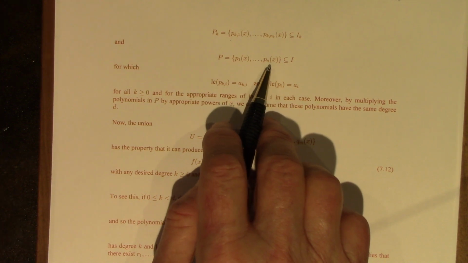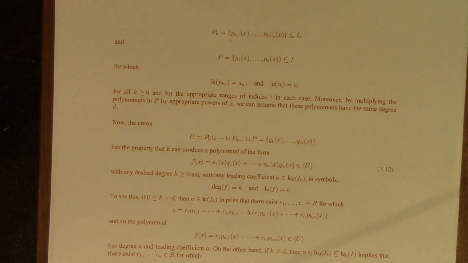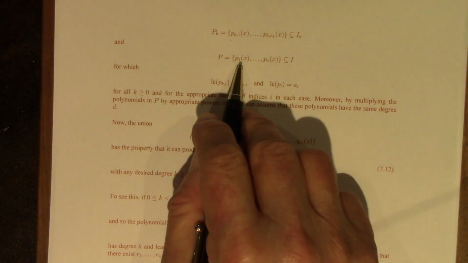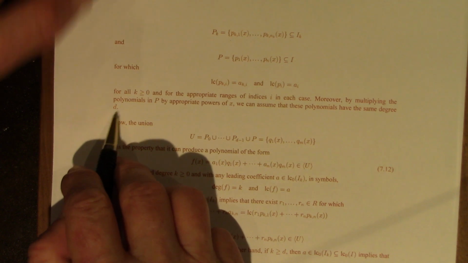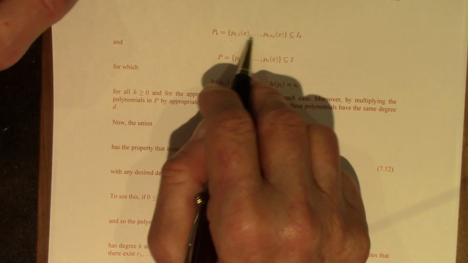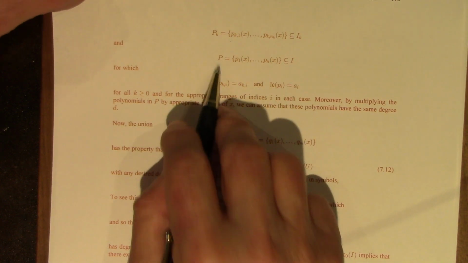However, we can always multiply any of these polynomials by a power of x to bring all the polynomials to the same degree without changing any leading coefficients. So we'll assume that these all have the same degree, call it d. So now the polynomials in any of these families, p sub k or in p, have the same degree.